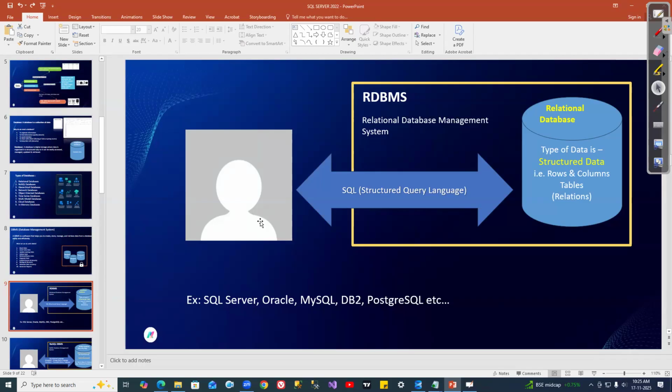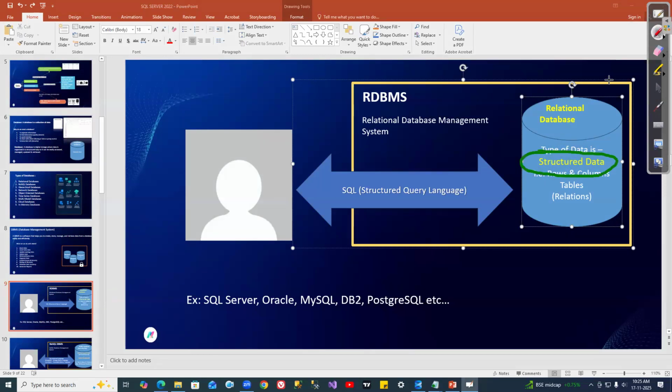Here we have a database which maintains structured data. Since it is maintaining structured data, that means data is stored in rows and columns format, tabular format.